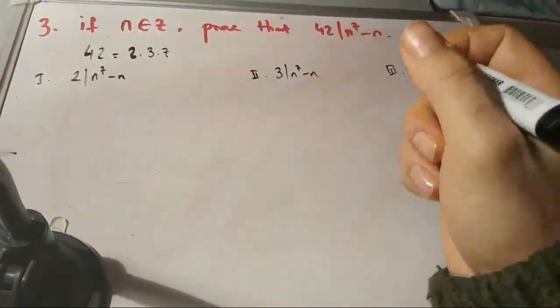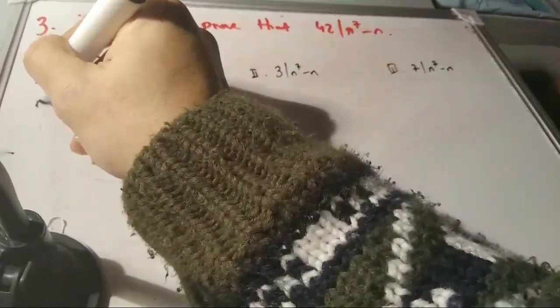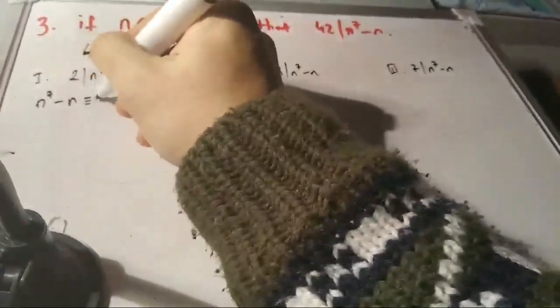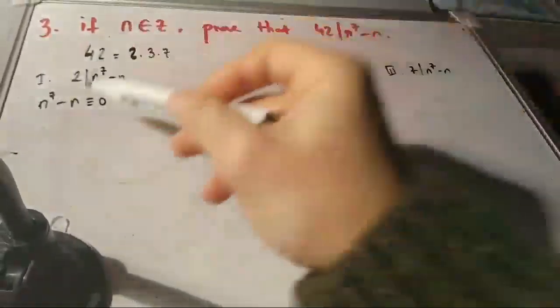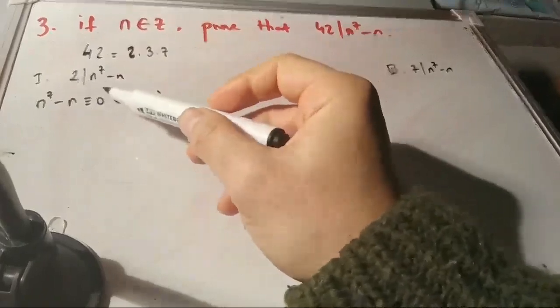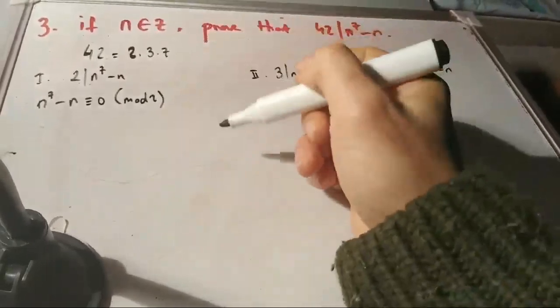So let me convert to modular arithmetic. n to the power of 7 minus n is congruent to 0 in mod 2. We are going to get 0 or not, we will check it. If we get 0 here, it means that n to the power of 7 minus n is divisible by 2. Okay.